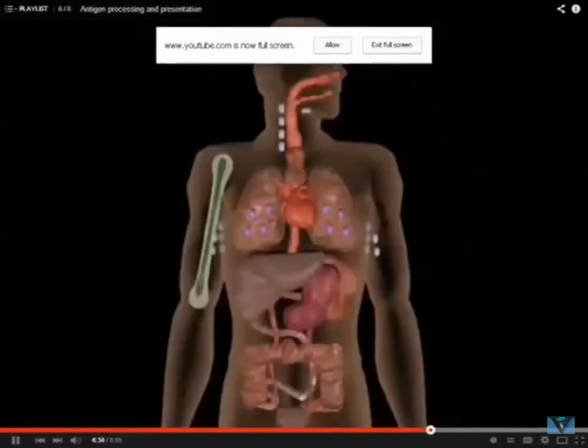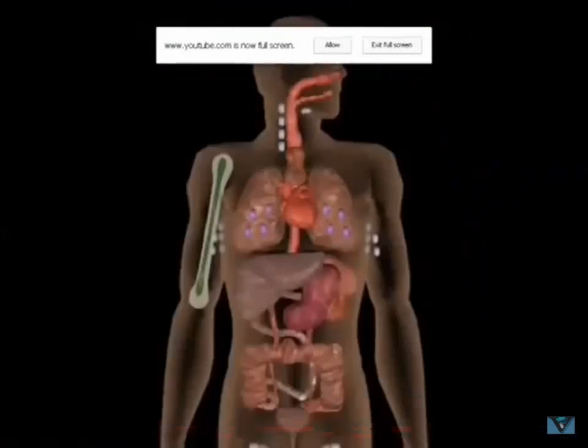All right, so here is any old cell in the body. They're just going to pick a lung cell. So this is not a B cell, it's not a macrophage, it's a tissue cell. All tissue cells have what? Class 1 MHCs, right? So now this tissue cell has been invaded by some virus, right?